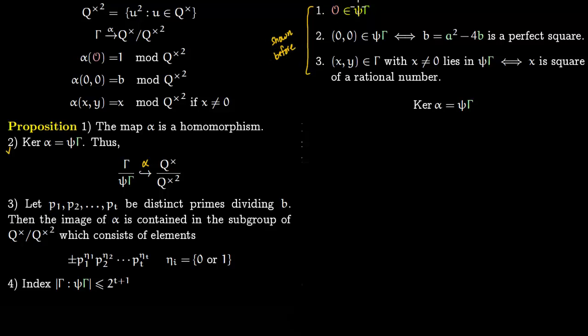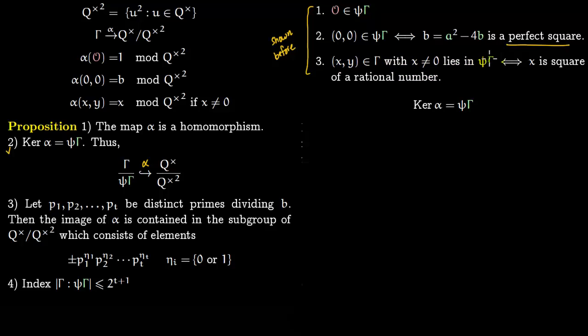The special point 0, 0 also lies in psi of gamma if and only if b is equal to a squared minus 4b-bar, so this is a perfect square, but we are more concerned with number 3. A point x, y lies on the curve with x not equal to 0.